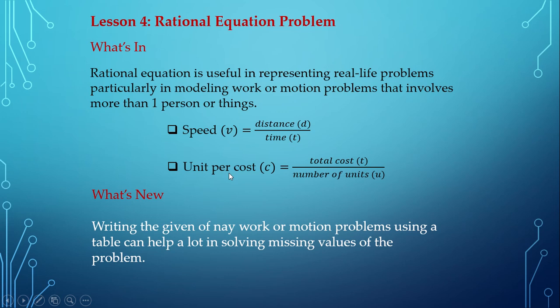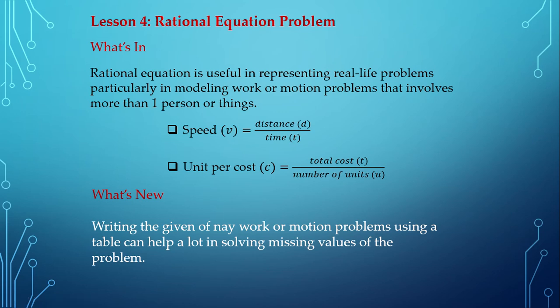So how much is one item? It can be determined by taking the total cost divided by the number of units. For example, a pack of chocolates costs around 220 pesos, and inside one pack there are 30 pieces. So the total cost is 220 pesos, divided by the number of units, which is 30 pieces of chocolate.